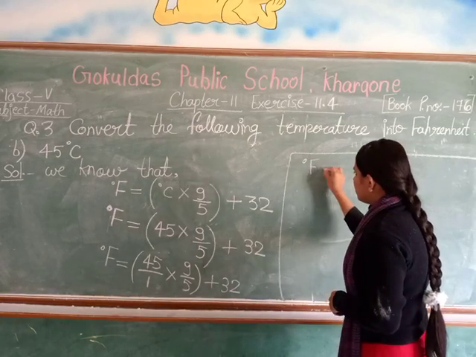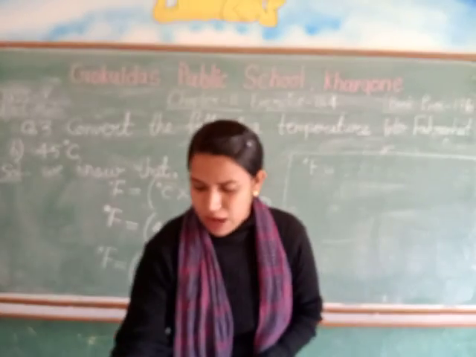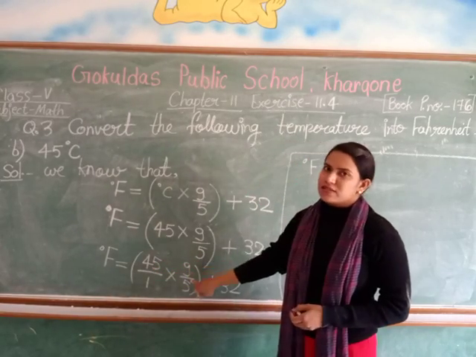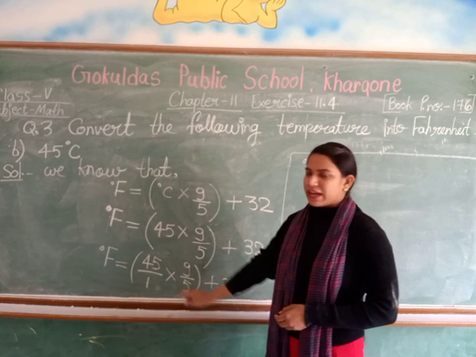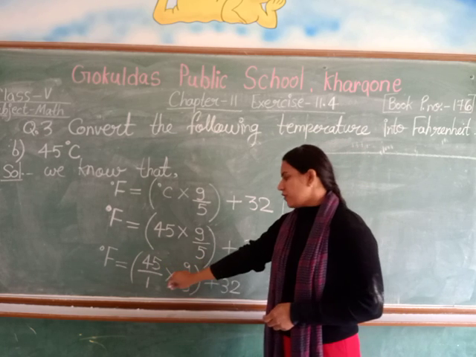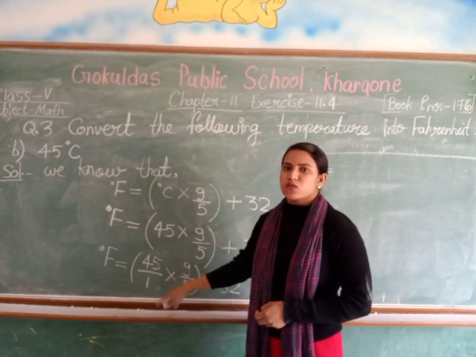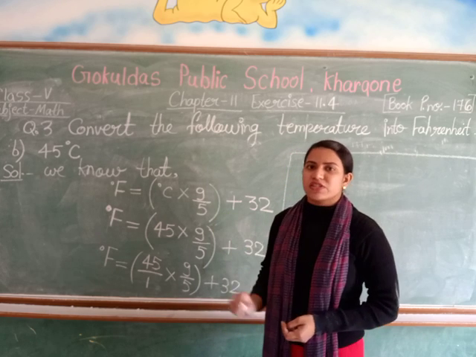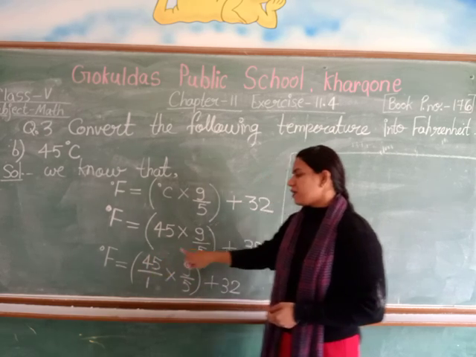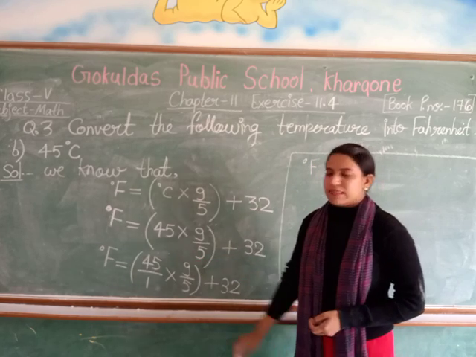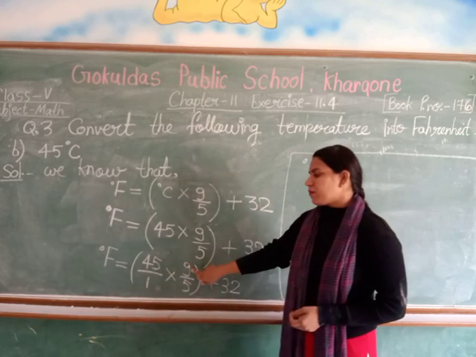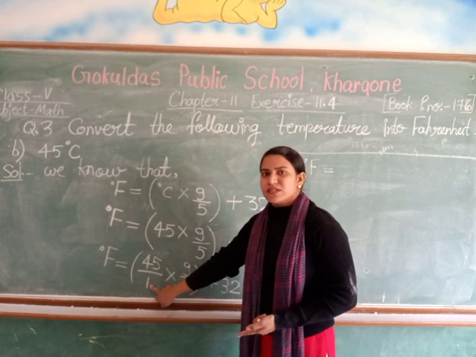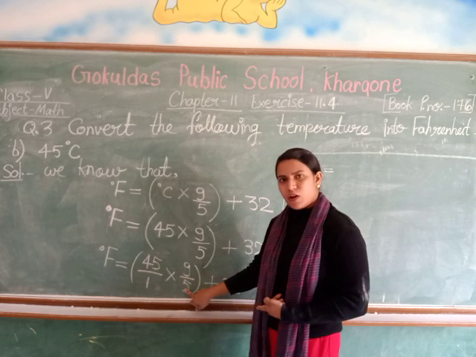Degree F is equal to. Now we have two fractions, 45 upon 1 and 9 upon 5, inside the bracket, and we want to multiply them. How do we multiply fractions? We multiply numerator with numerator, the upside number multiplied by upside, and the denominator multiplied by denominator.